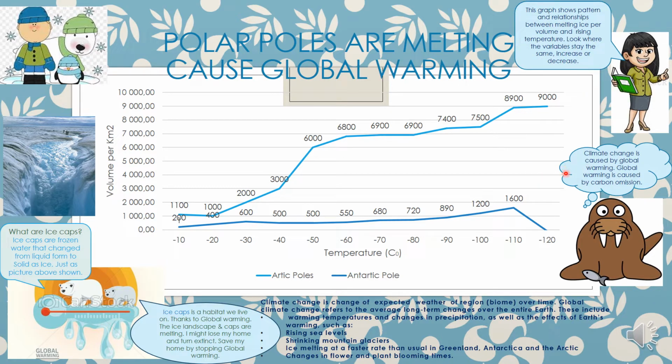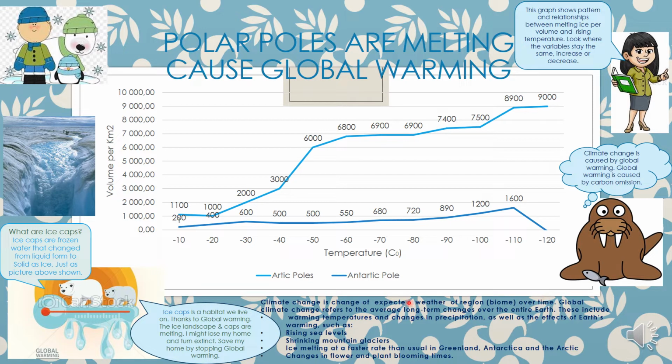Climate change is caused by global warming. Global warming is caused by carbon emission. Climate change is a change of expected weather of a region, biome, over time.